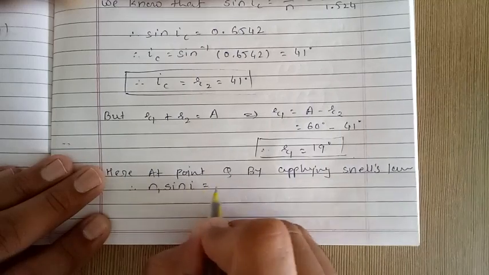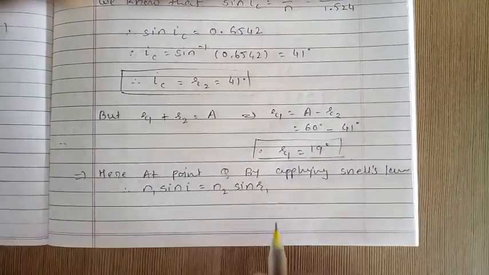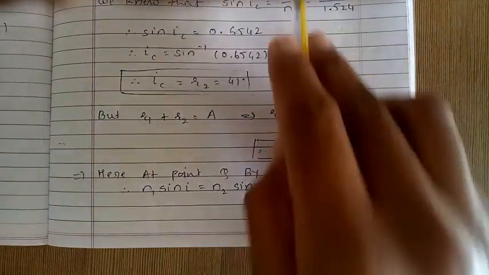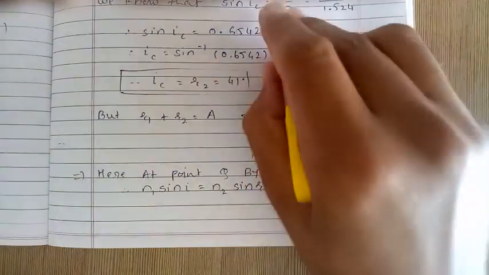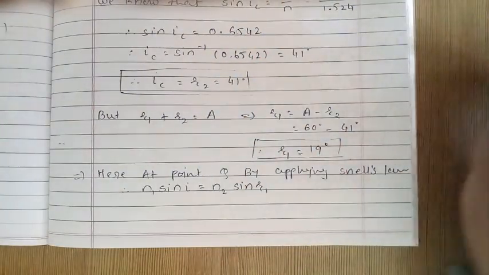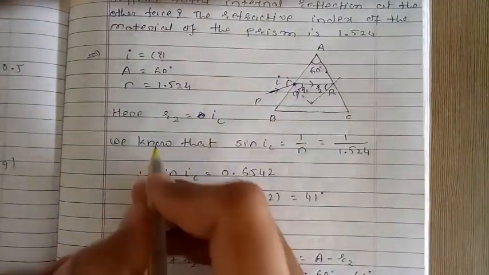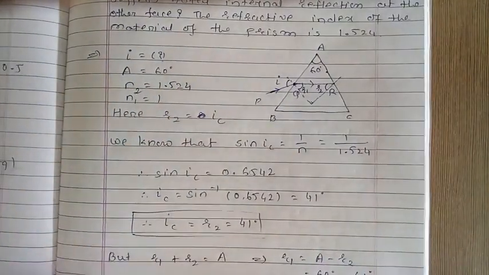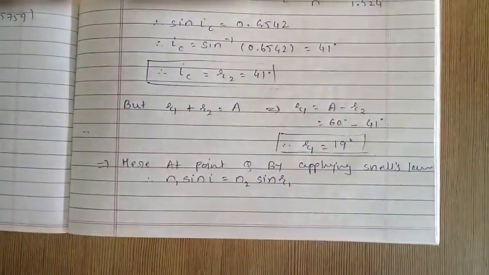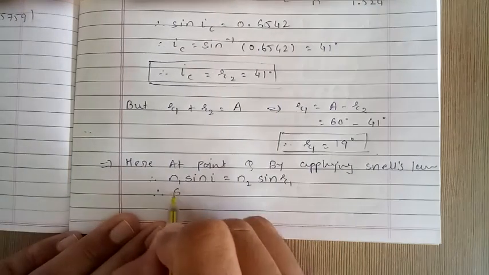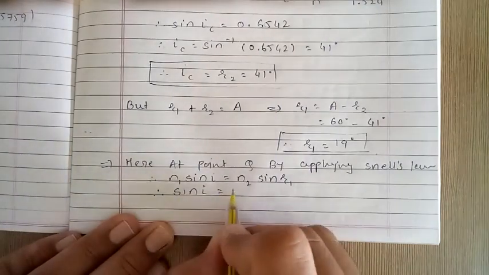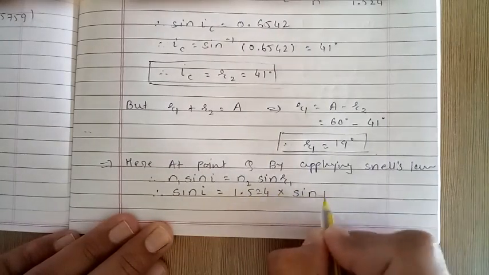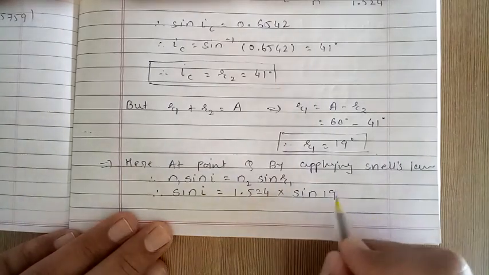Here n1, our first medium, is air, so n1 is equal to 1 and n2 is equal to 1.524. So sin I is equal to n2, 1.524, into sin of R1, 19 degrees.